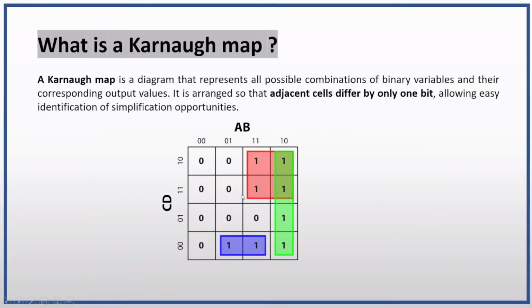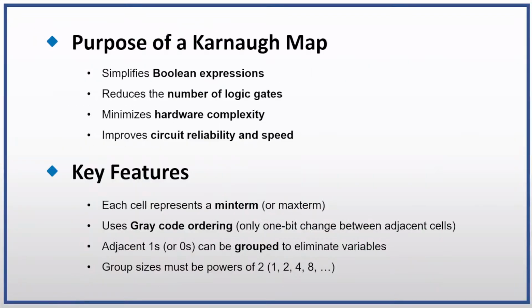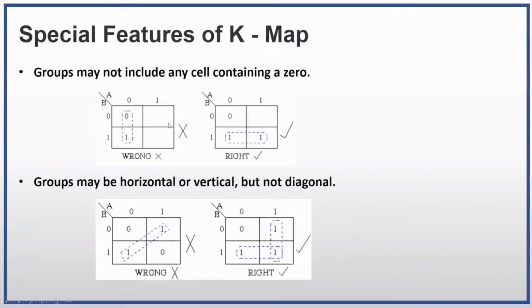You can see here there are 4 ones. So we have to group them, and this grouping has a method. Those are the rules of the Karnaugh map. The first rule, when you are grouping the ones in a Karnaugh map, is that any group may not include a cell with 0.